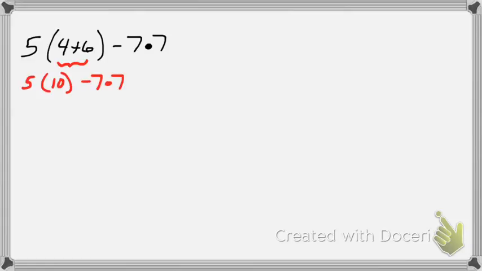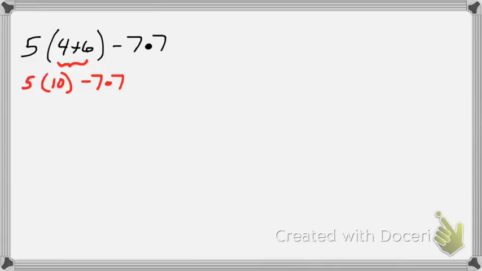So everything else in the problem stays the same. So we have 5 times 10 minus 7 times 7. So then we would move to exponents, which I don't see any. And now we move to multiplication or division. I see 2 different multiplication problems up there. 5 parentheses 10 means multiplication. And 7 dot 7 means multiplication.